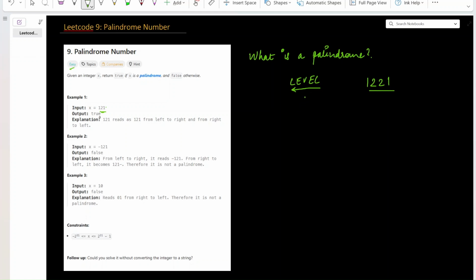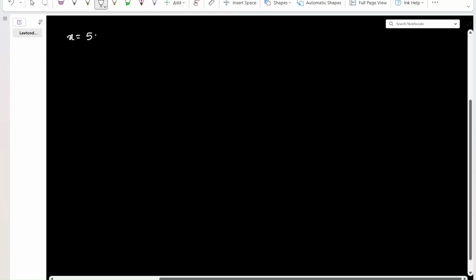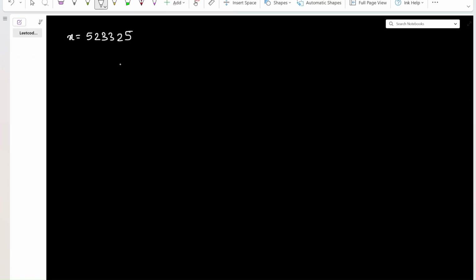In this question, we have to understand if the number that is given to us is a palindrome or not. Let us try to work this out using an example. Let us take x is equal to 5, 2, 3, 3, 2, 5, and we need to check whether this number is a palindrome or not. If we think about it logically, we first need to figure out what are the leftmost and rightmost digits.